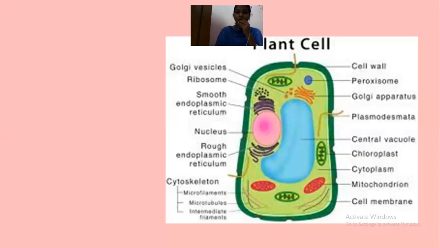Next, why are ribosomes called universal cell organelles? To answer this question, ribosomes are the universal cell organelles because they are present in prokaryotic organisms as well as eukaryotic organisms. If we see prokaryotic organisms, all the cell organelles like nucleus, chloroplast, Golgi complex, endoplasmic reticulum, every cell organelle will be absent except ribosomes.